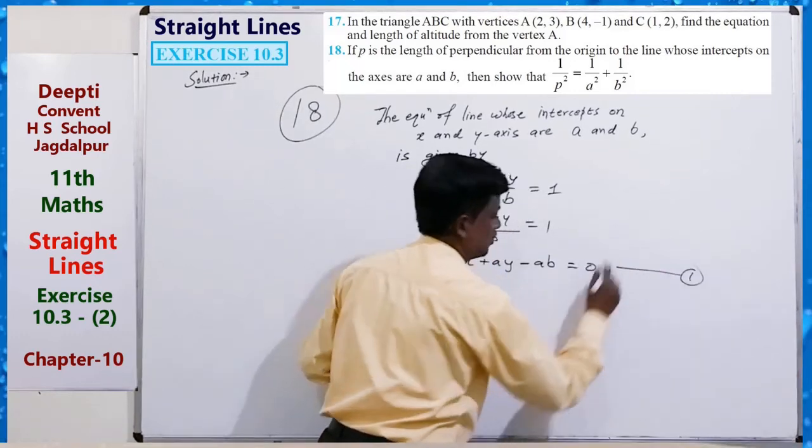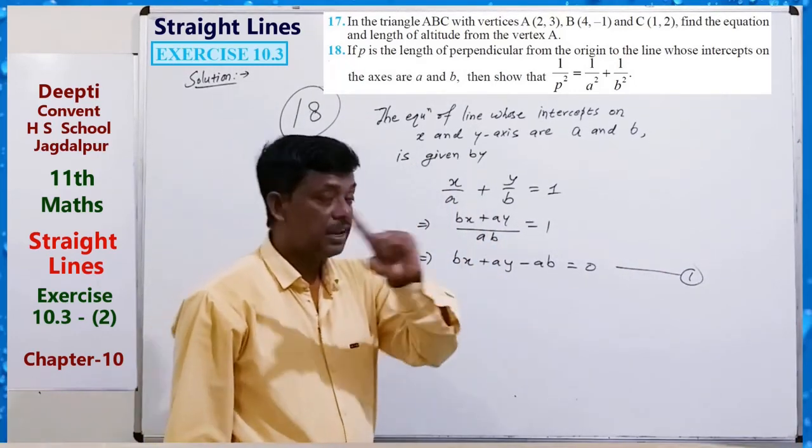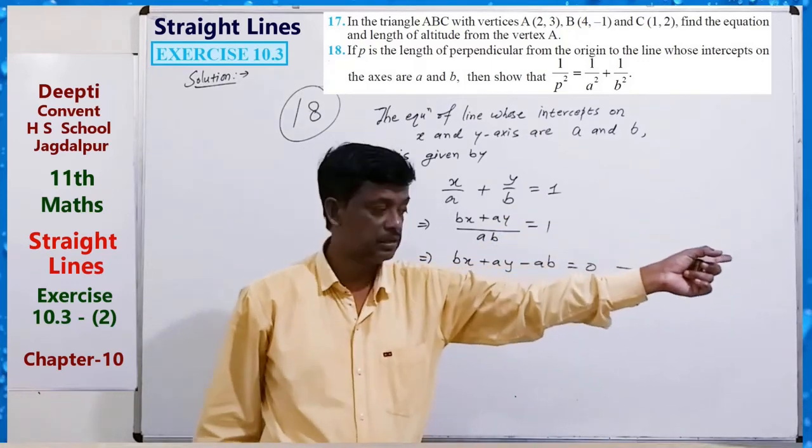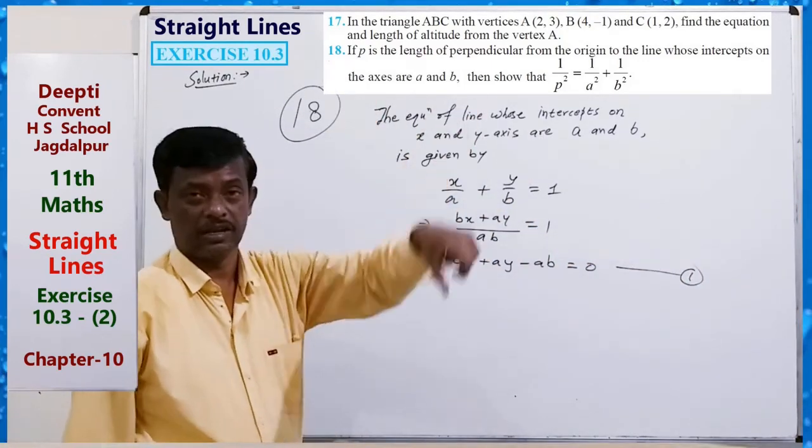This is the line. Now, given that p is the length of perpendicular from the origin to the line.